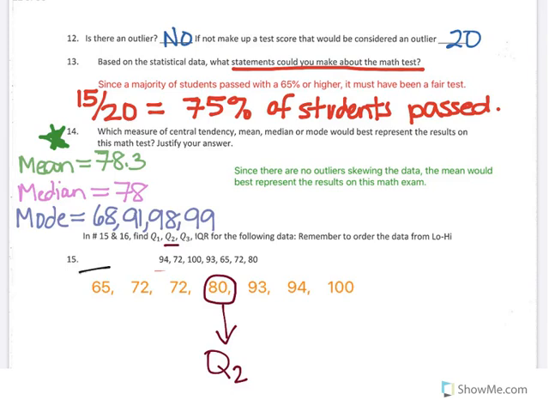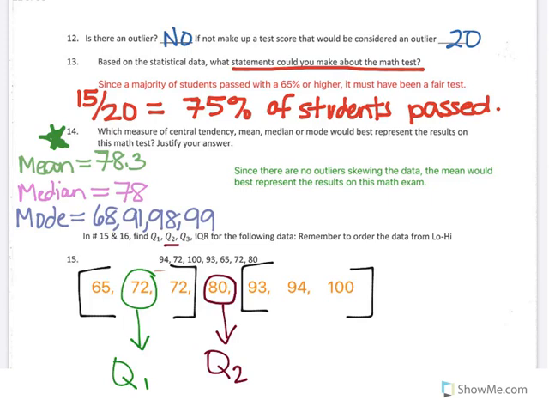Then I'm going to bracket what is to the left and right of my median to find quartile 1, which is 72, and quartile 3, which is 94.